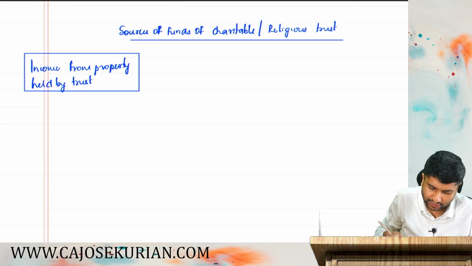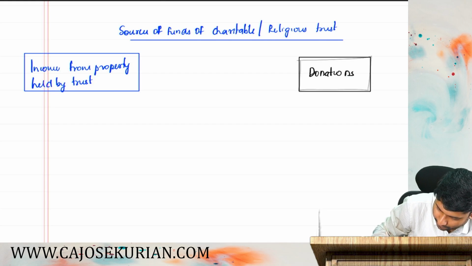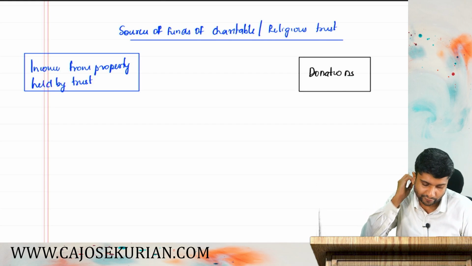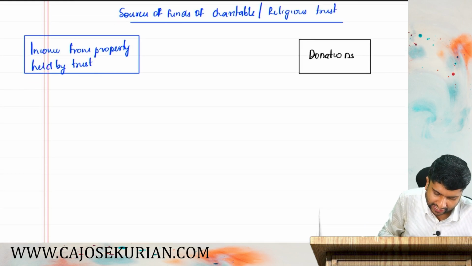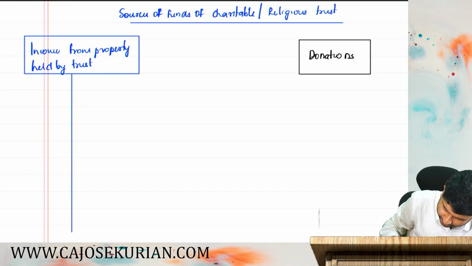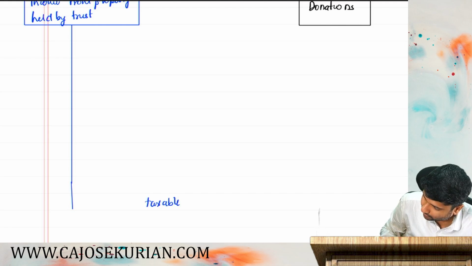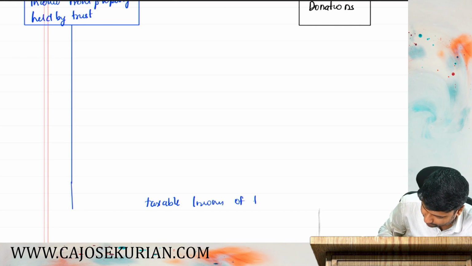And number two, the second type of source of fund is donations. Okay, so these are the main two sources of funds of a trust. If a trust is having income from property held by trust, you need to directly consider it as a taxable income of trust.